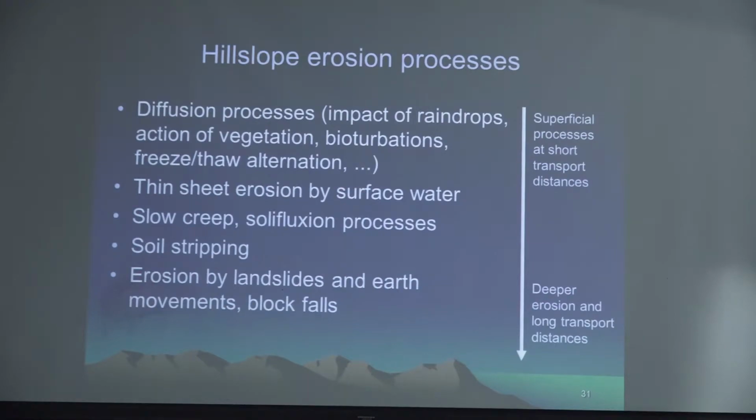There are many different Hillslope erosion processes, and we can make some kind of category going from the small scale processes that we will call diffusion processes, that can be impact of raindrop, action of vegetation, bioturbation, so it can be due to vegetation, it can be also due to burrowing animals, even the worms are doing some job.